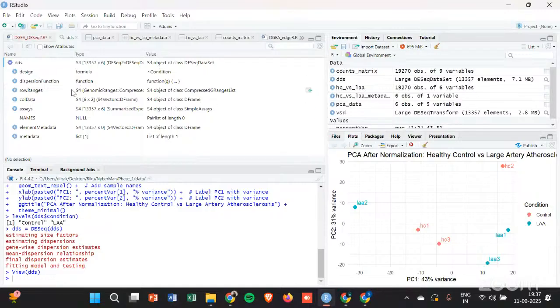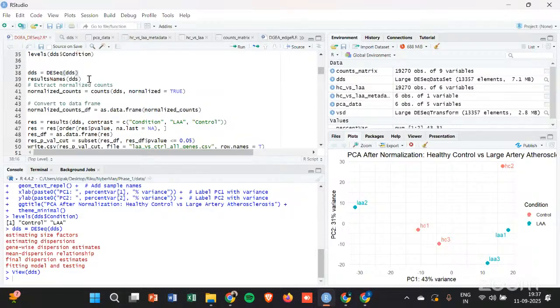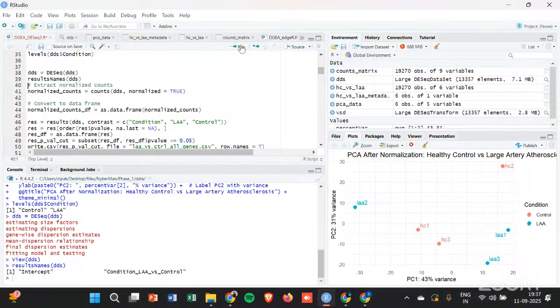The main information that I need out of this is the table with the log FC and the p values. For that, I have to run the function results names. So, okay, this has not actually performed the hypothesis testing yet. We will be performing the hypothesis testing in a later step, my bad, sorry.